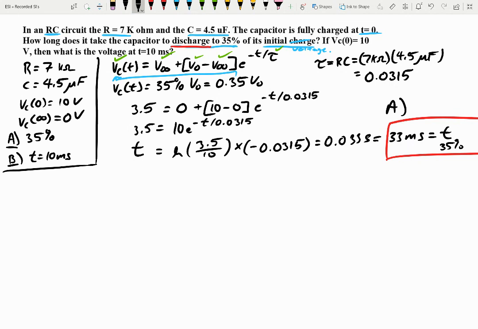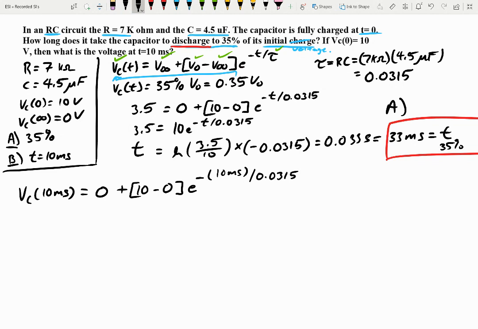So now part B wants to know what's the voltage at time 10 milliseconds. So we'll just write our equation back out. So 10 milliseconds. We'll do 0 plus 10 minus 0 e to the minus 10 milliseconds divided by 0.0315, and we're going to convert that milliseconds into seconds because our time constant is in seconds.